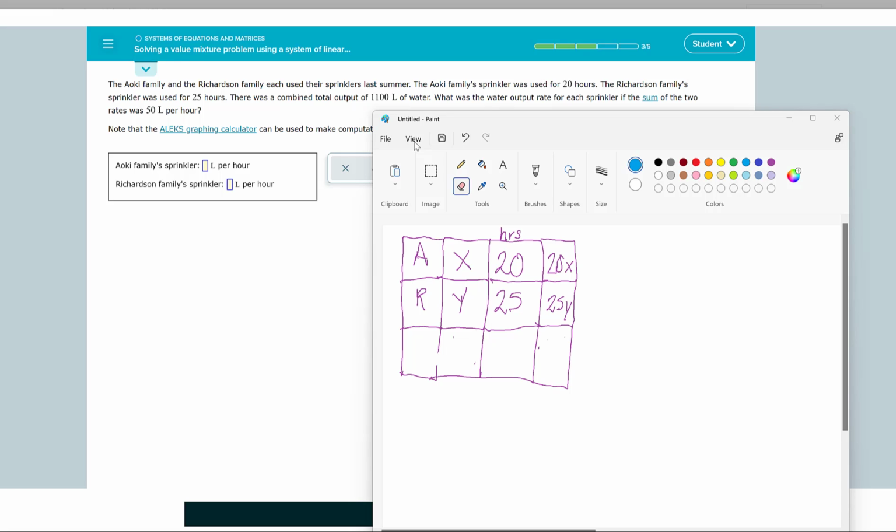So far we have X, which equals Oki, and their hours, which equal 20. And the same thing with the Richardsons: we have Y and we have 25.